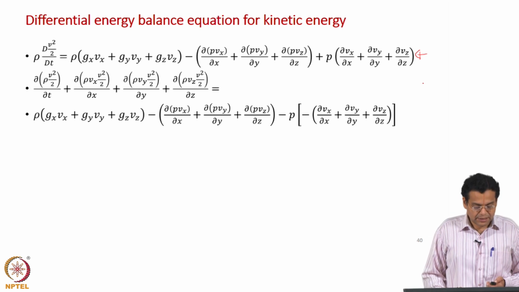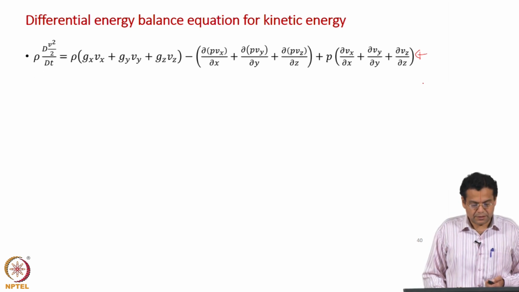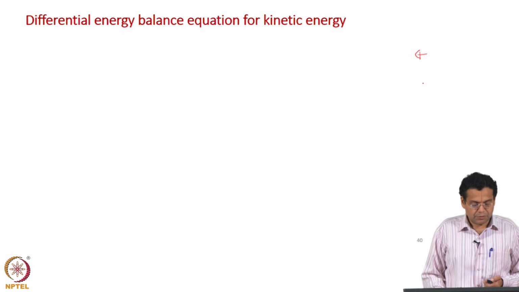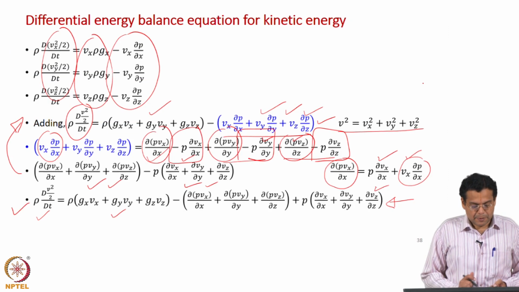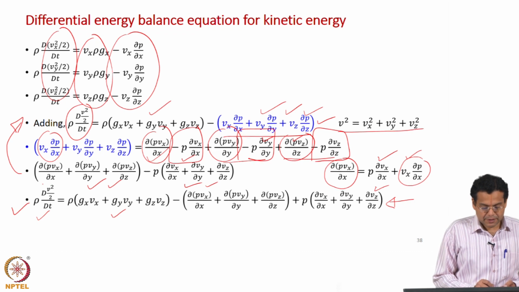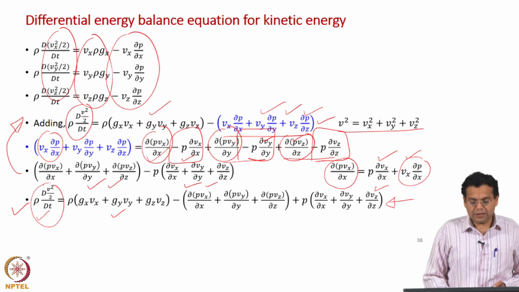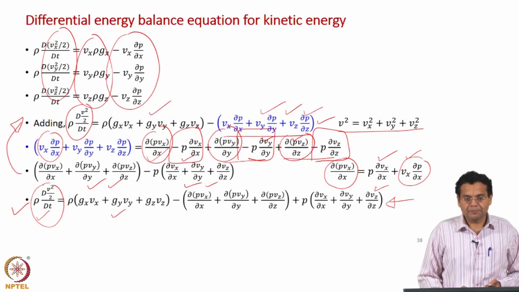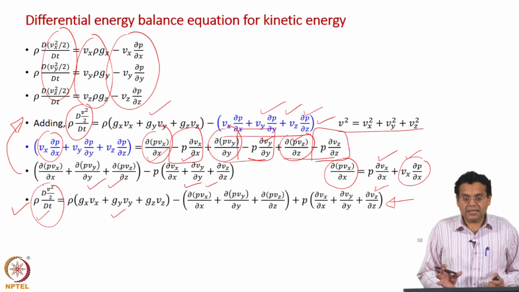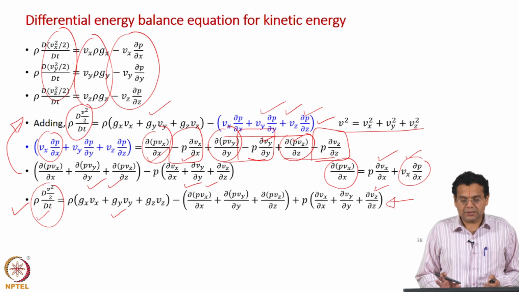What have we done? I would like to quickly repeat it. We have the equation for kinetic energy with the left hand side in terms of the substantial derivative. What we are doing right now is just getting a physical interpretation for this differential energy balance equation; that is the only objective.